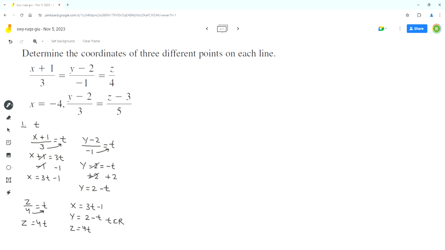So we can start with t equals -1. I get x equals -4. Now we can sub in t as -1 in the y equation.